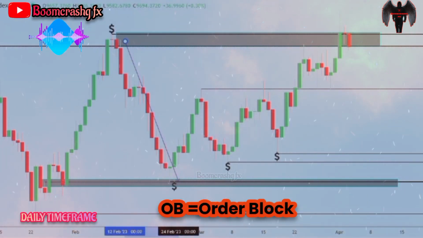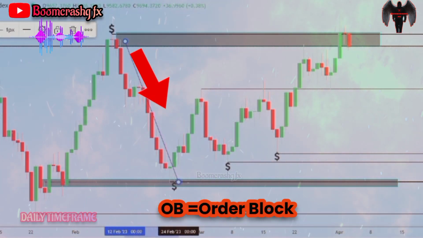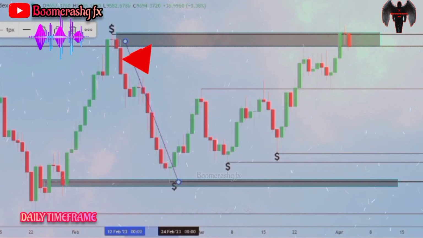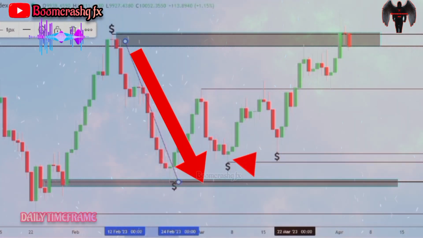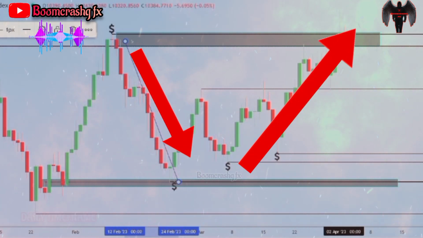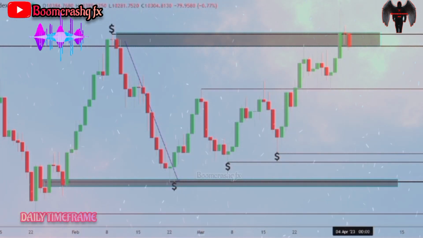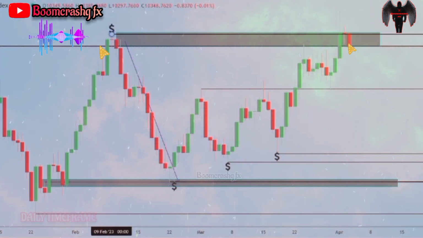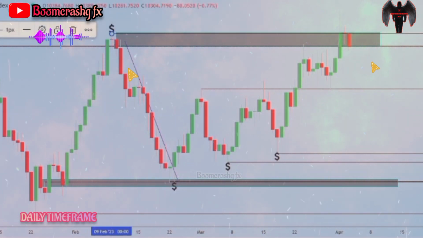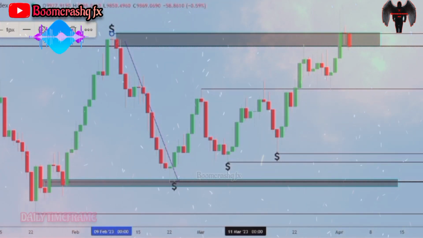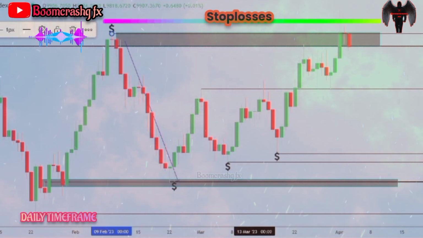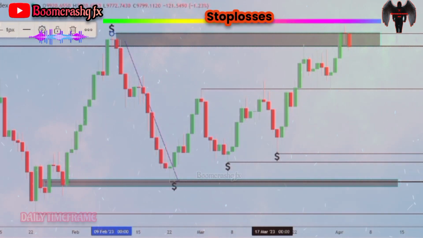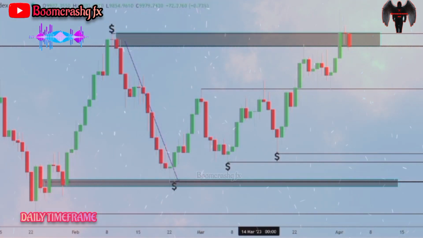After bouncing down to this daily time frame OB, you can see the price bounced up and hasn't gotten to this particular level. Traders would have placed their orders at this point and put their stop loss 10 pips or 20 pips above. And look at what the market actually did at this point.